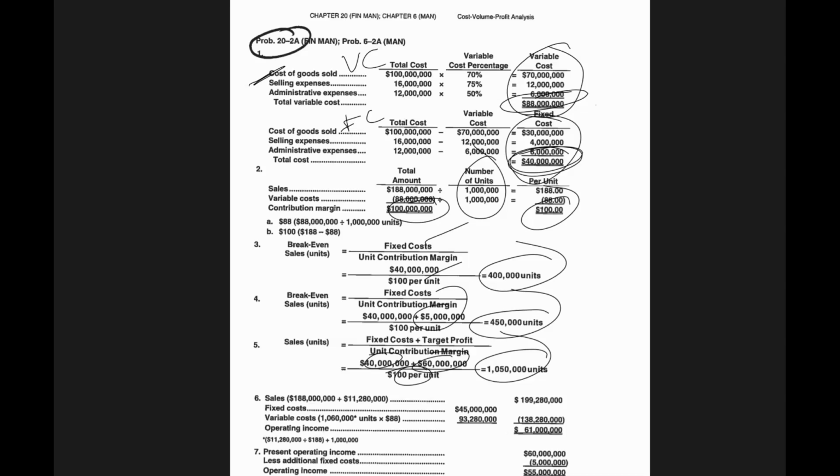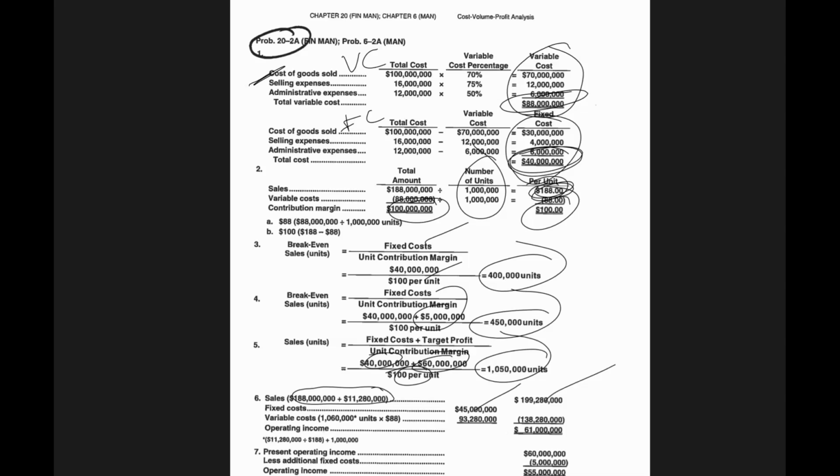Number 6, basically determine the maximum operating income possible with this expanded plant. Okay, so they told us that the sales would be increased by 11,280,000 in addition to what we were already doing. The fixed cost is the 40 and the 5. The variable cost now, 1,060,000 units, and if you notice there, that's the 11,280,000 divided by the $188 per unit right here.